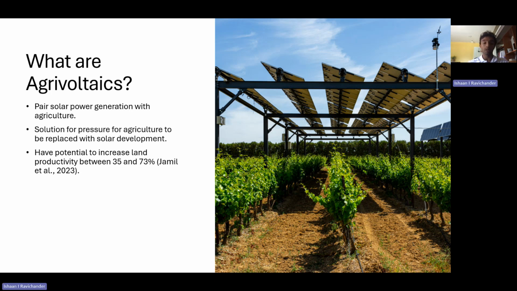Agrivoltaics combine agricultural practices for specific crops and livestock with this solar generation, significantly improving water and land use efficiency. In some modeling studies, when paired with the right crops, agrivoltaics have the potential to increase land productivity between 35 and 73% by hectare.